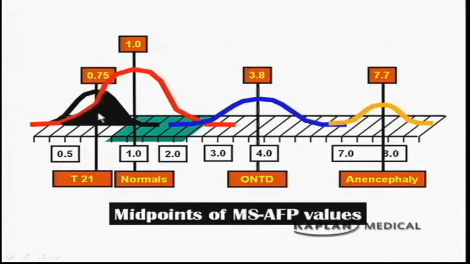The rest of those babies who have trisomy 21 will have levels which are in the normal range. And it was because of the poor sensitivity of the MSAFP alone to pick up Down syndrome that the additional markers were added, which now are included in the triple marker screen and the quadruple screen.